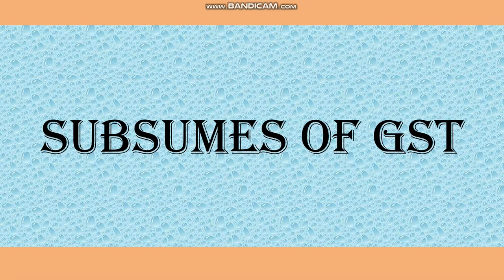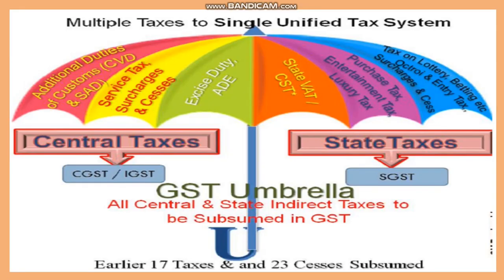The next topic we are discussing is subsumes of GST. Subsume means bring into one head. Before the introduction of GST, as I already told, GST is the biggest tax reform since independence in India.